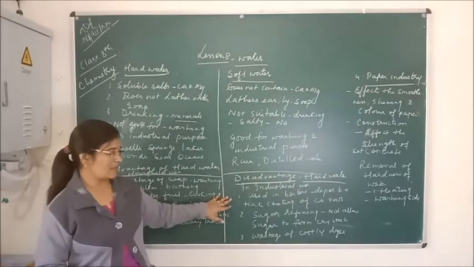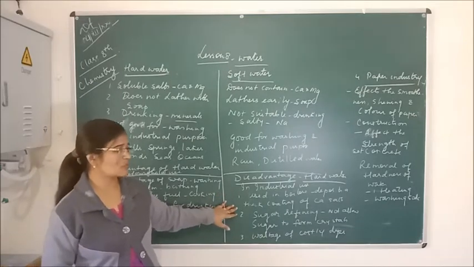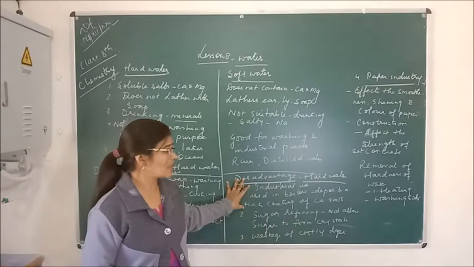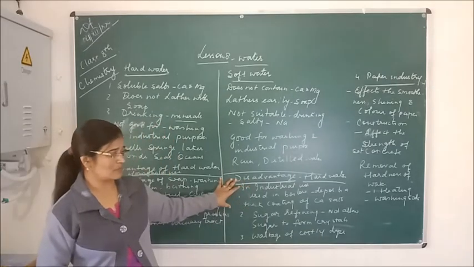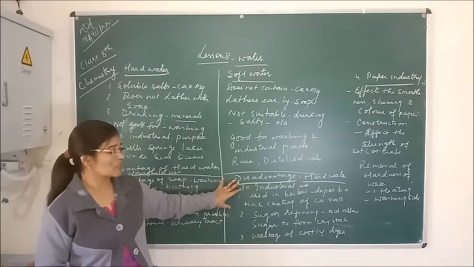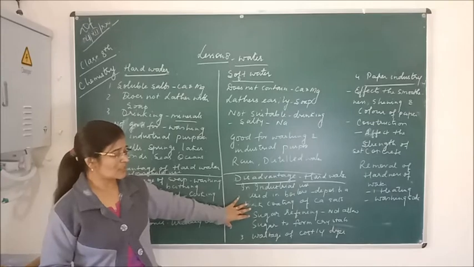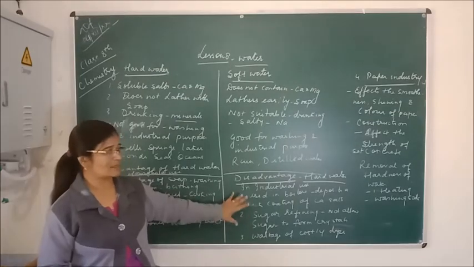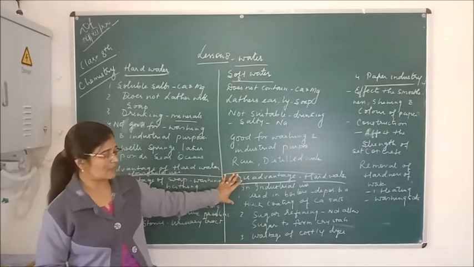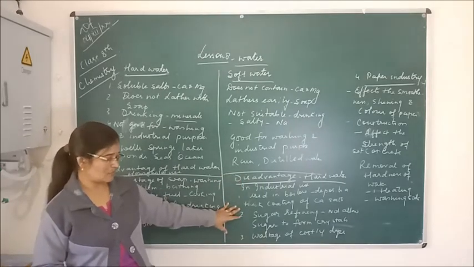Corrosion takes place there. In the sugar industry also, in the refining of sugar, if we use hard water, it does not allow the sugar to form crystals. This is the main disadvantage of hard water, that it is not good for sugar industries.